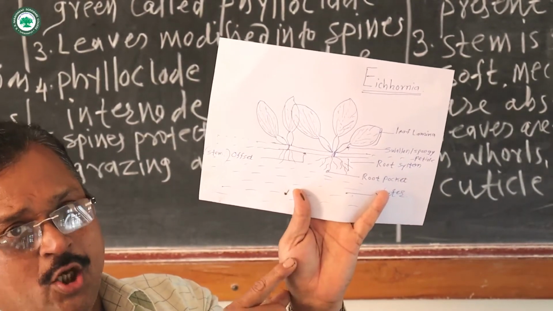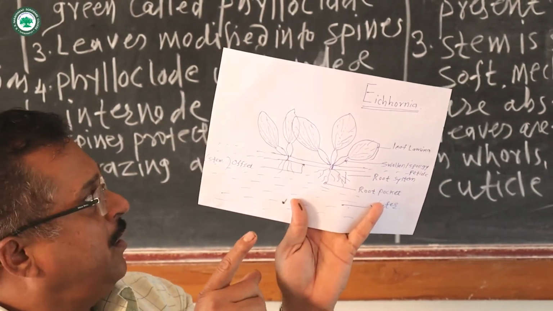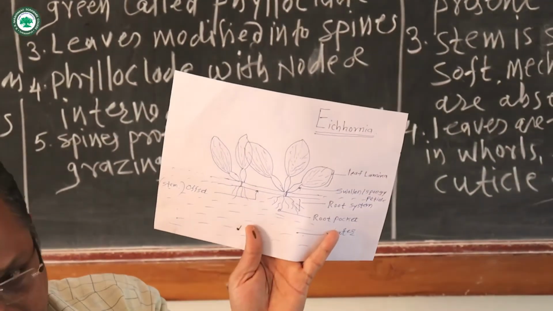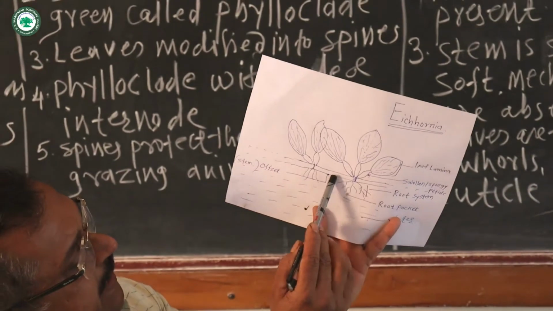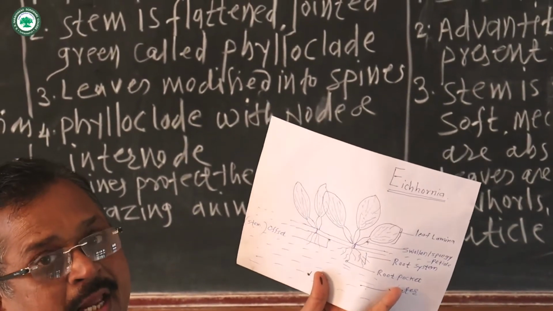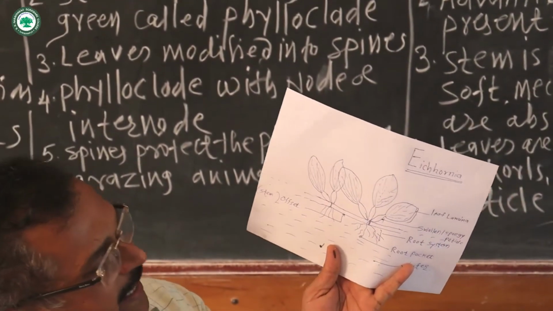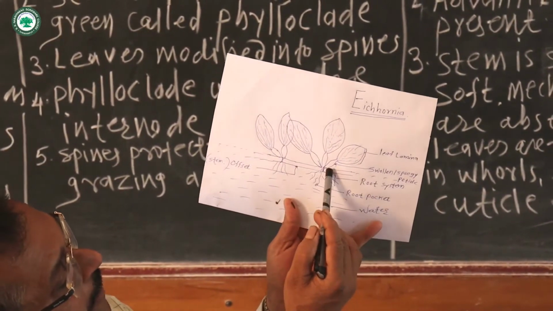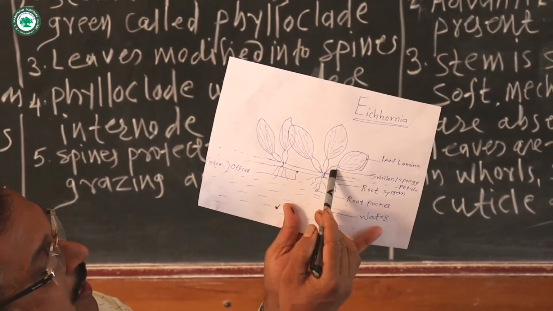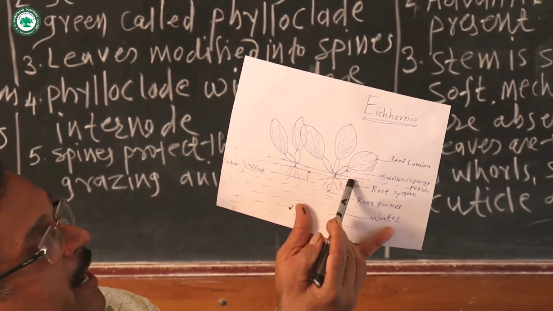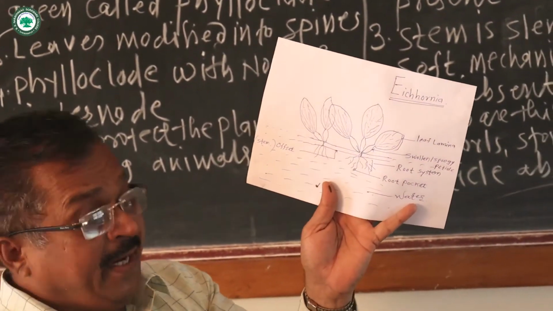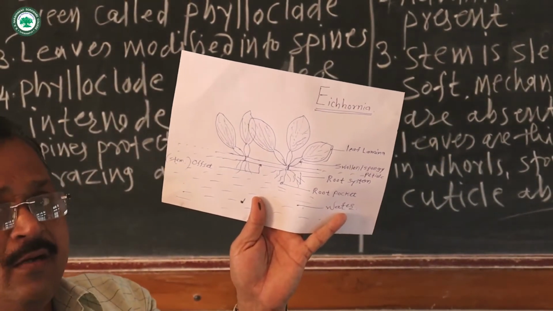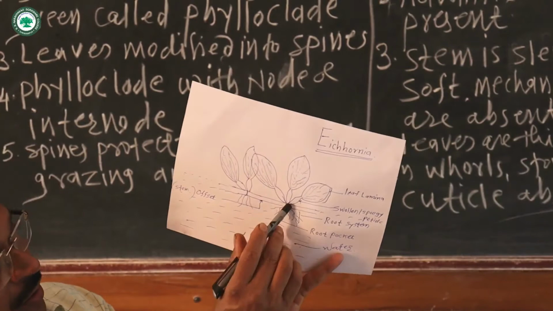It is soft and spongy because parenchyma is present in the stem, as well as in the swollen part of the leaf, the petiole. Here aerenchyma is also present, and that helps the plant to float on the surface of water.